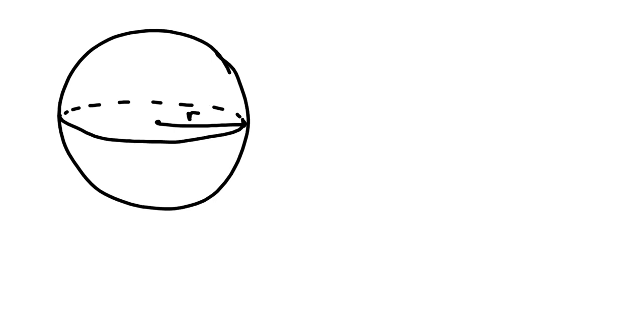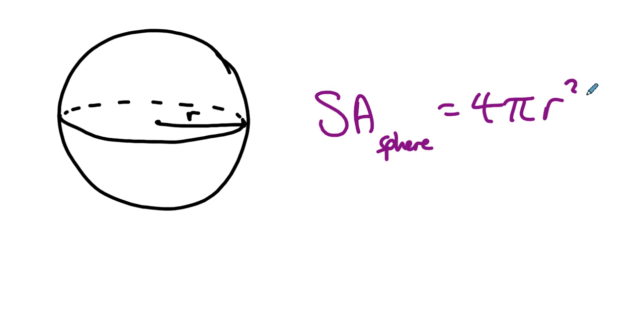It almost makes sense if we think about it. So the surface area of a sphere is 4 pi r squared. And that's just a formula that we just know because there isn't any better way for us to go after it with the level of our course. So we trust that it works.